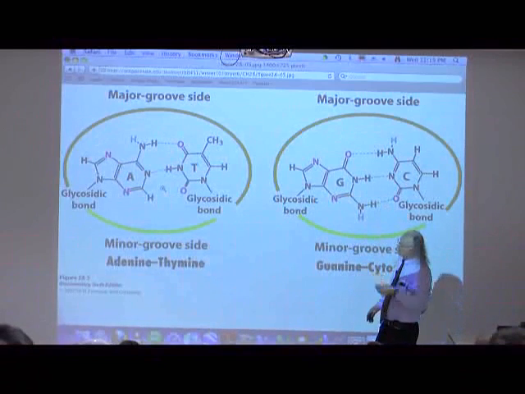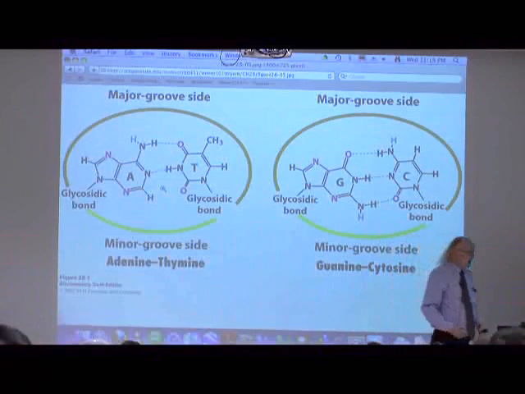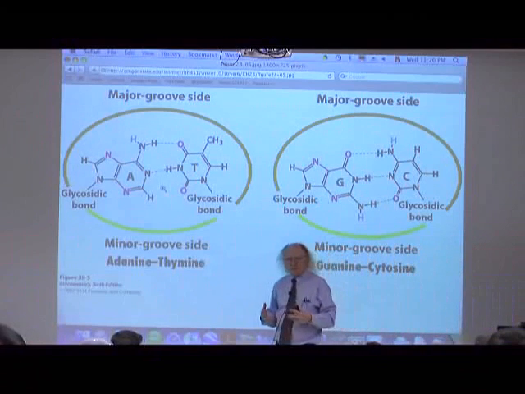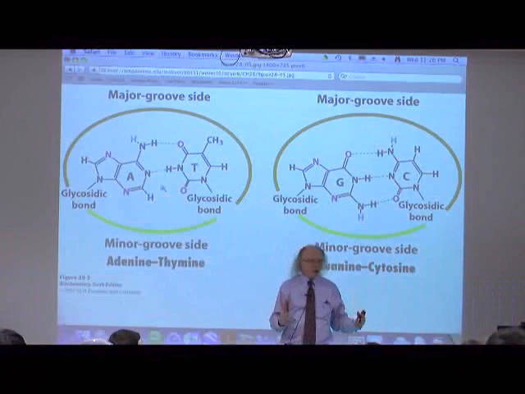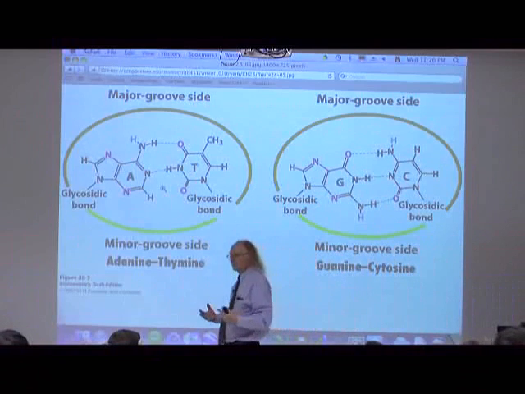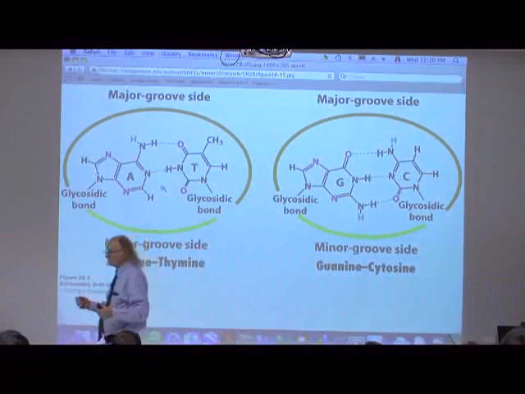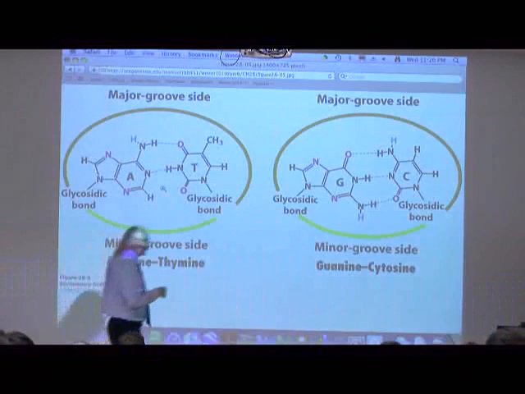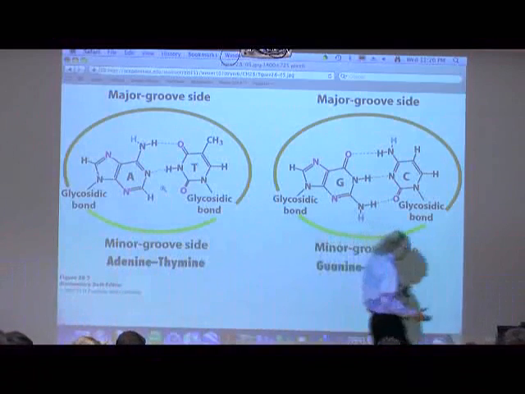And the base pairs have different sets of hydrogen bonds that they're throwing out. So the bottom line is that the composition of the base pair can be read by the hydrogen bonds that are in the grooves. If you're in the groove, man, you're there. Okay? That makes sense? All right, so that's kind of cool.